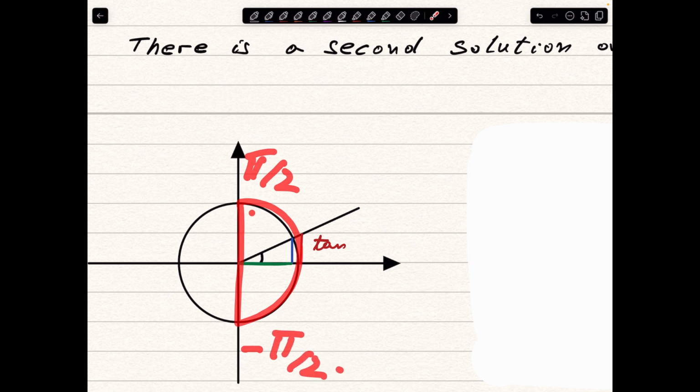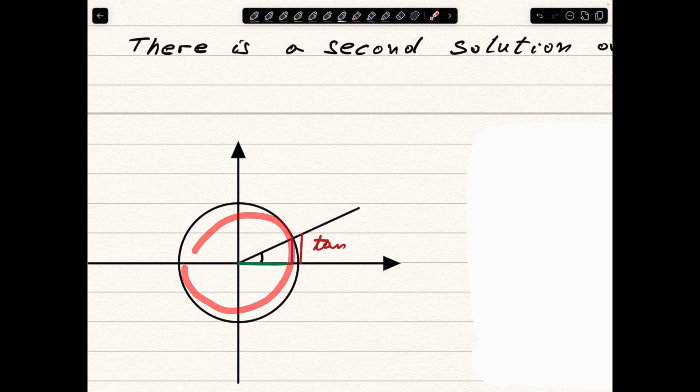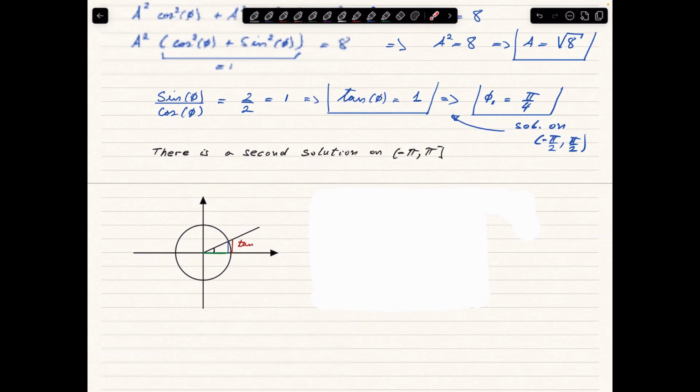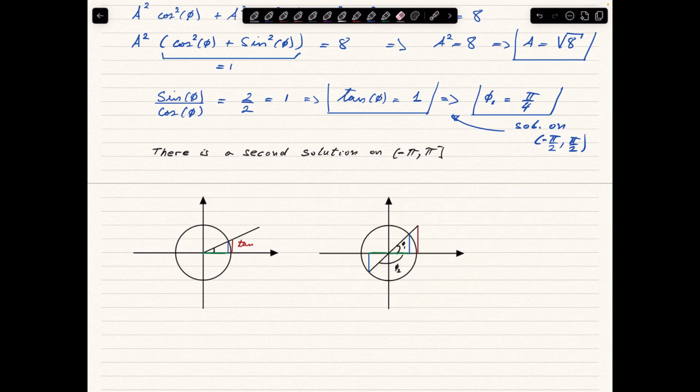This is where the calculator works, and there is only one solution. But we are working on negative pi, pi. And in that interval, there is another solution, which is this one here. This angle is going to have exactly the same tangent. So there are two solutions on this interval. The calculator gives you only one, and you need to find the other solution, which is this one.